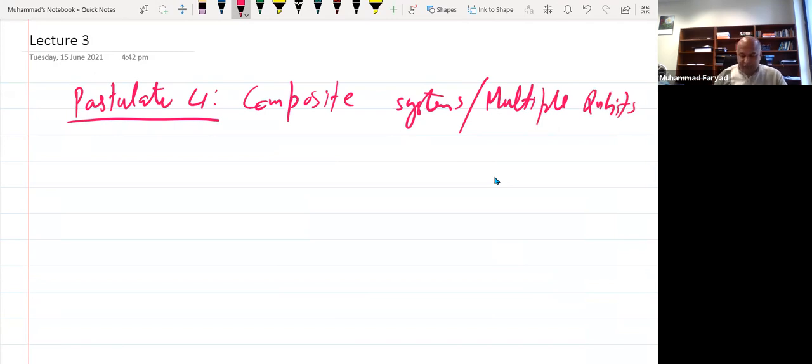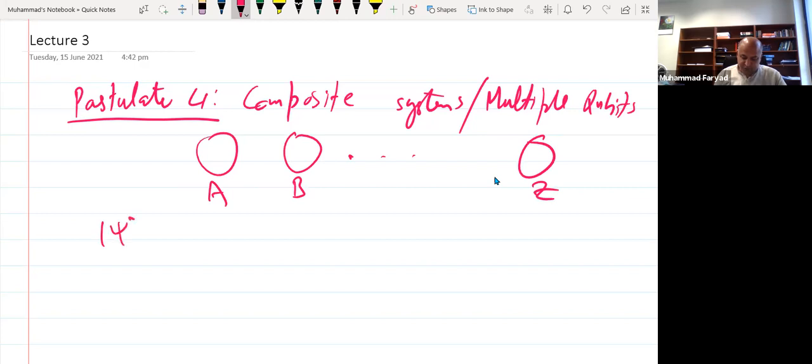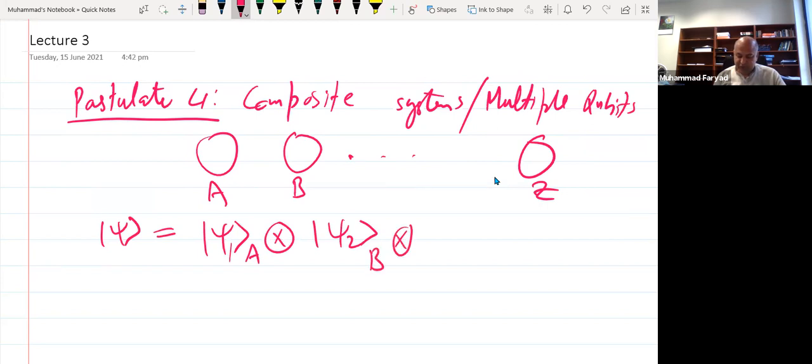Okay, so this postulate states that if we have multiple quantum systems, let's say quantum system A, B, C, and so on, up to Z, and we want to express their composite quantum state, then we can express it as a superposition of states of this type: psi1 of system A, tensor product with state psi2 of the second system, say B, and so on.